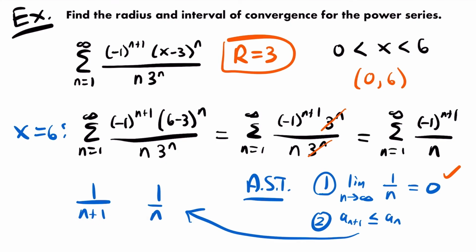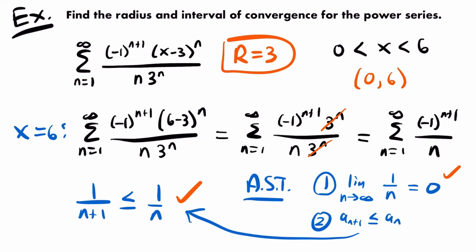This denominator is always one value greater than this denominator. And so, since this denominator is bigger, the value of this fraction will be smaller than this fraction. And so a sub n plus 1 is less than or equal to a sub n.